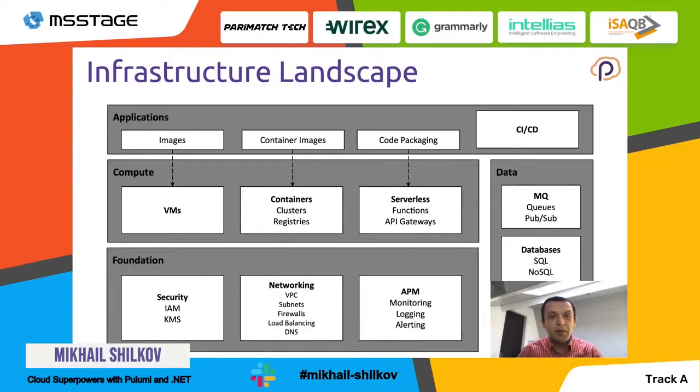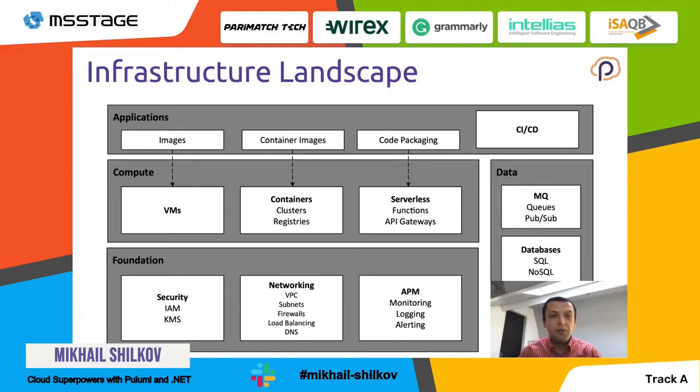But even today, the landscape of the cloud is pretty massive. There are multiple tiers that you have to manage, starting from the foundational ones like security, networking, monitoring, policies, alerting. Then go into compute layers where you can choose from VMs or multiple container services, serverless approaches, managed compute.